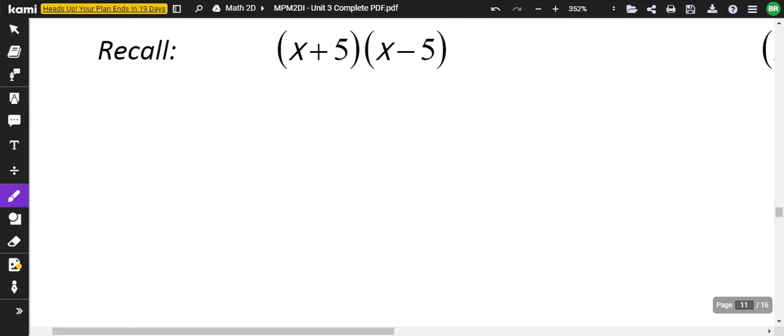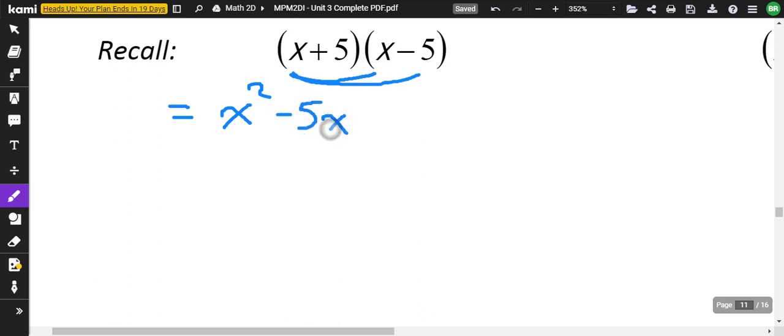So x times x, we're going to get x squared. And then we have x times negative 5. That's negative 5x. Now it's the 5's turn. 5 times x, that's 5x.